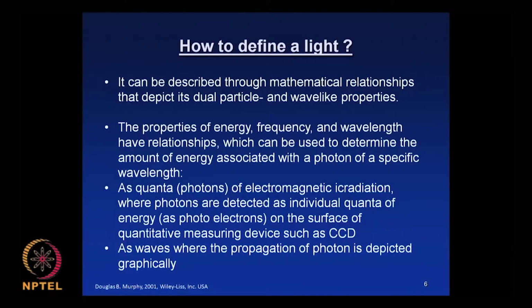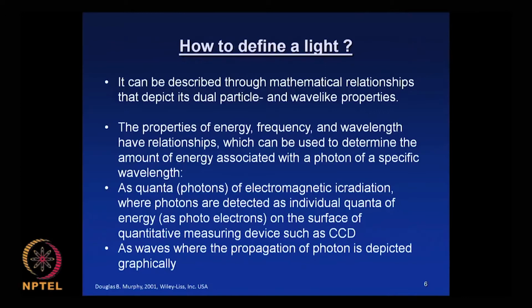So, at that situation it is called quanta, as written in the slide: as quanta or photons of electromagnetic radiation, where the photons are detected as individual quanta of energy as photoelectrons on the surface of the quantitative measuring device such as a CCD.